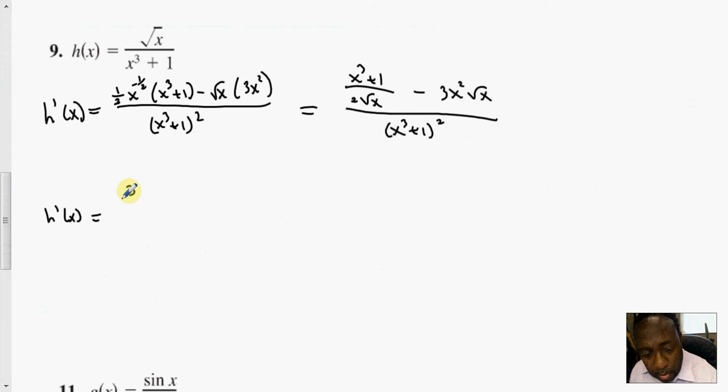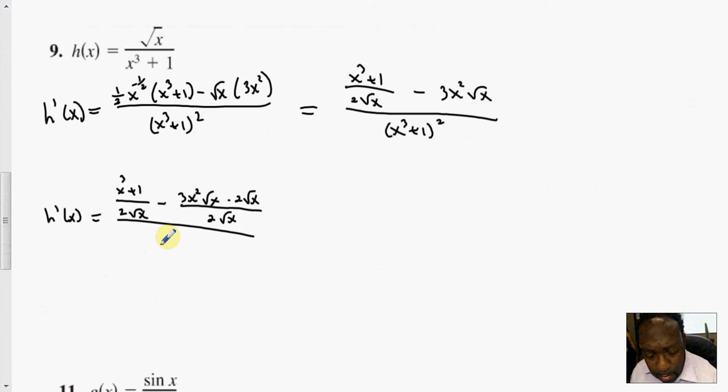So we have x cubed plus 1 over 2 times the square root of x, and this is minus 3x squared times the square root of x times 2 times the square root of x over 2 times the square root of x, and this is all divided by that x cubed plus 1 all to be squared.